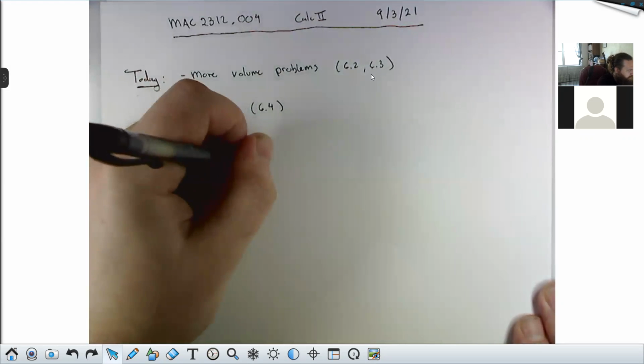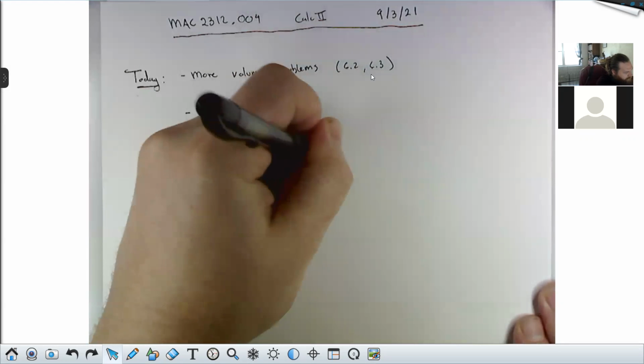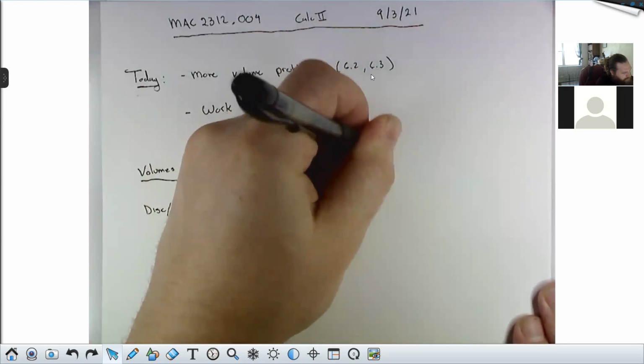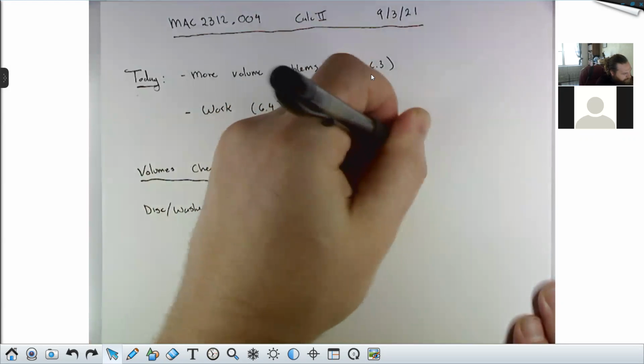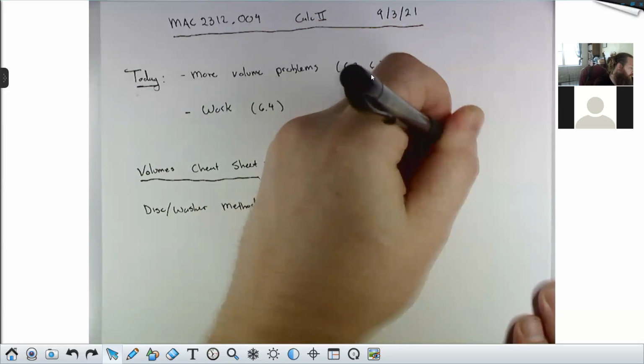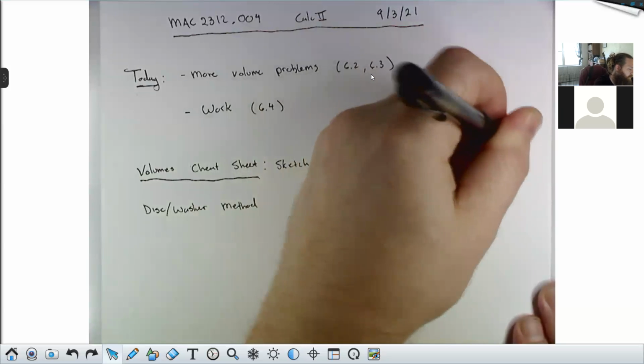So for all of this stuff, sketch the region. So you sketch the curves, shade the region. And draw the axis of rotation.